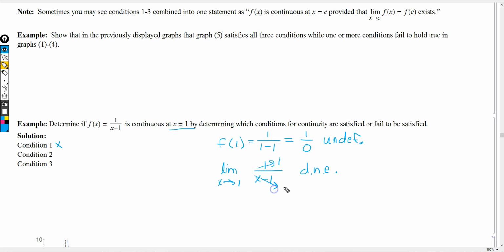The bottom is approaching 0, either from the right or the left, depending on which side x is approaching 1 from. And so this limit is going to DNE. So number 2 is not satisfied, and then number 3 can't be satisfied because f of 1 is undefined and the limit does not exist as well. So this function is definitely not continuous at x equaling 1. Here's what its graph looks like.